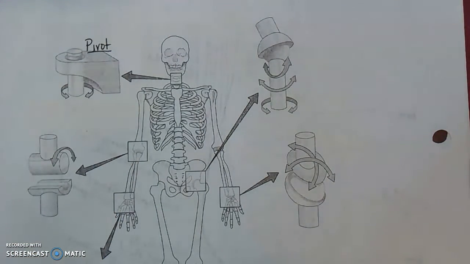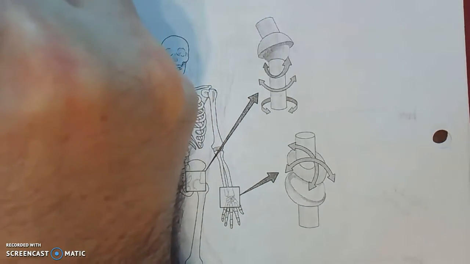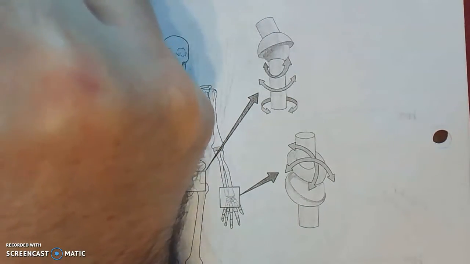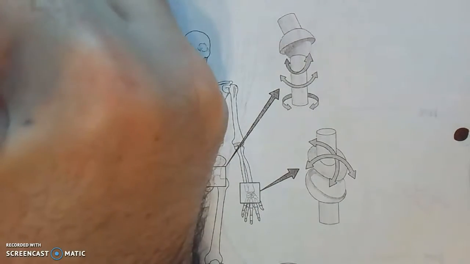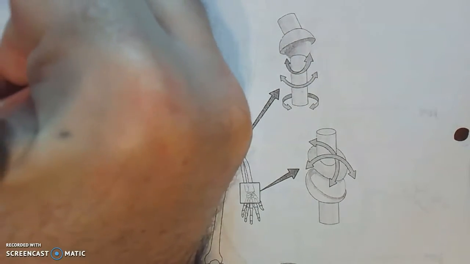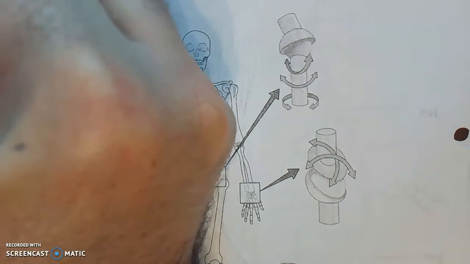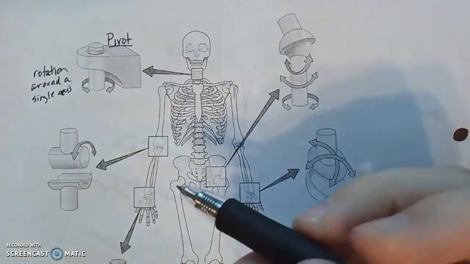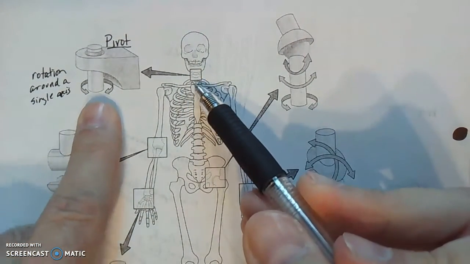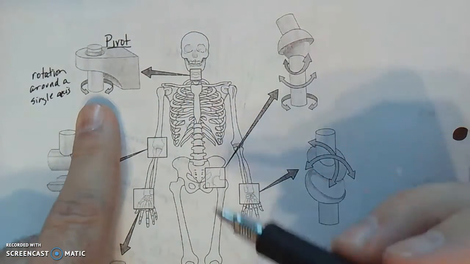which kind of reminds me of an episode of Friends if you're a fan. So this is a pivot joint. So with a pivot joint, we have rotation around a single axis. So this is pointing towards the neck.